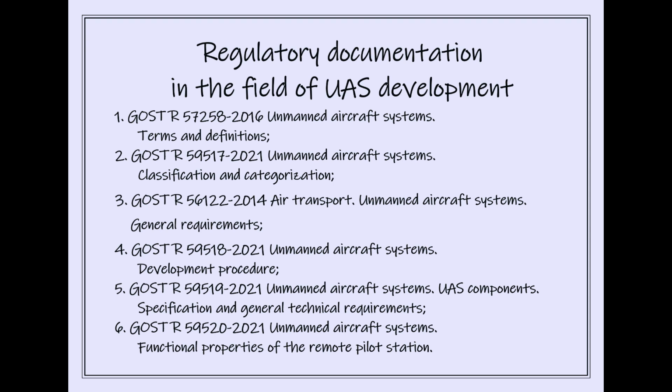The standard provides the following classification options. In section 5.1 of this standard, according to the maximum takeoff weight of the aircraft as part of the unmanned aircraft system, the first category is from 0.25 kilograms to 30 kilograms inclusive, and the next category is from 30 kilograms.